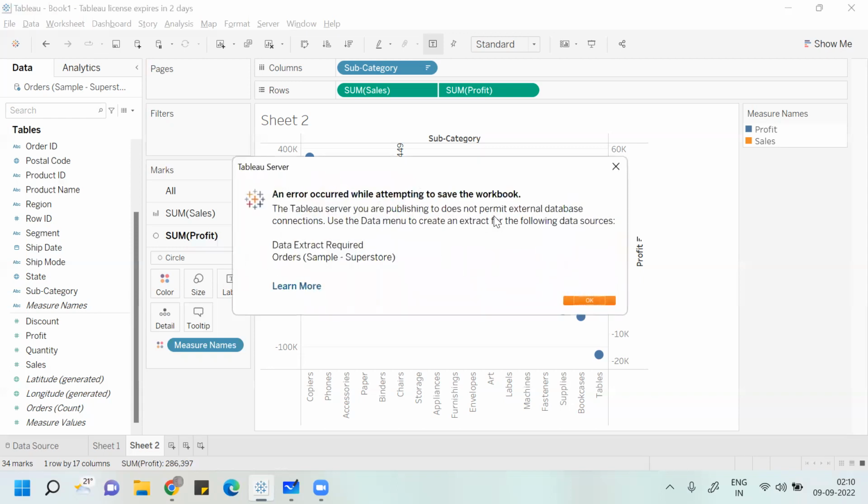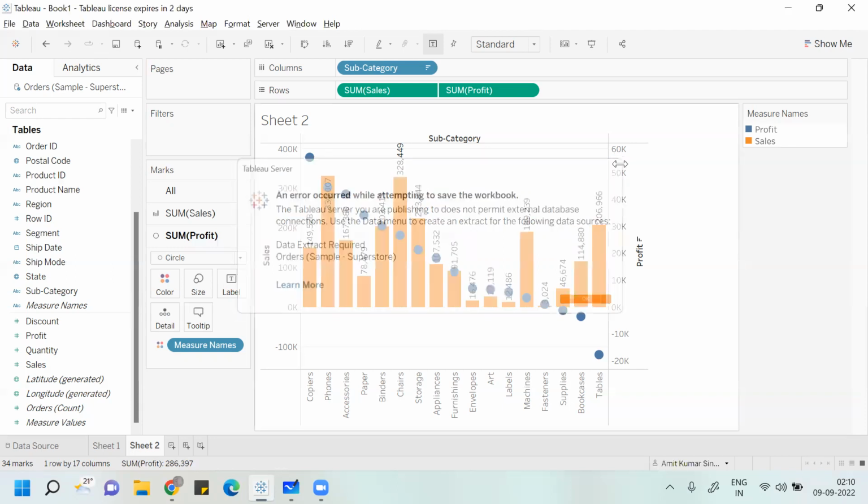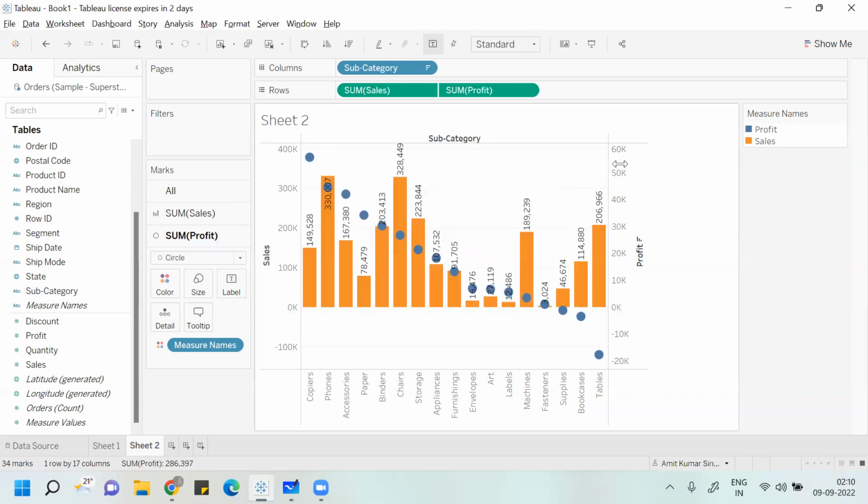You might get an error if you have not converted your data from live to extract. First, make sure you convert into extract, and then probably the required homework can be done very easily.